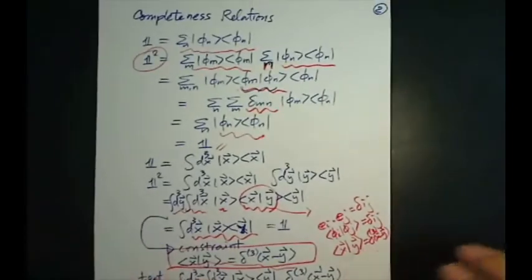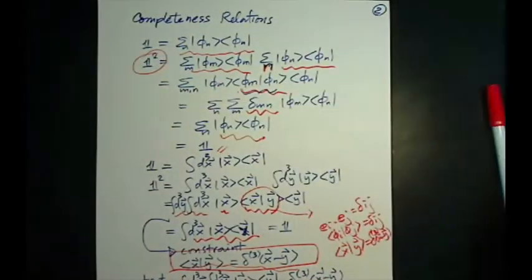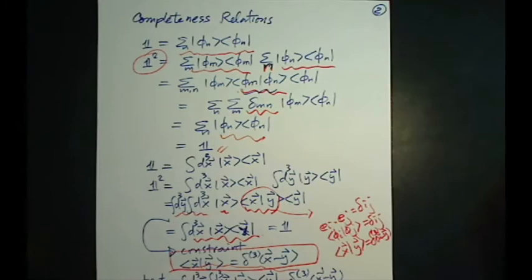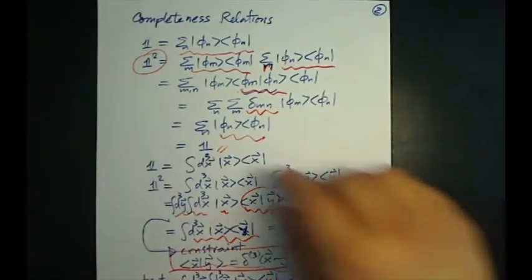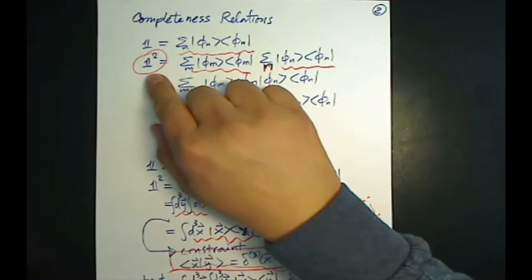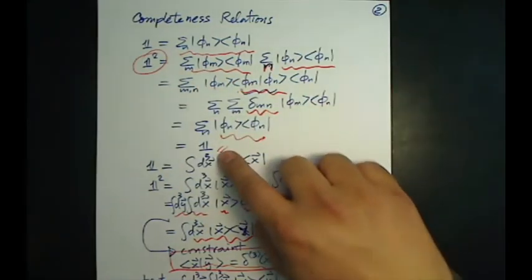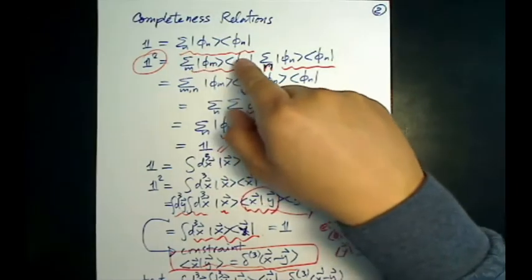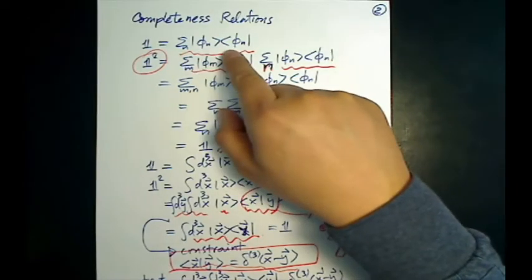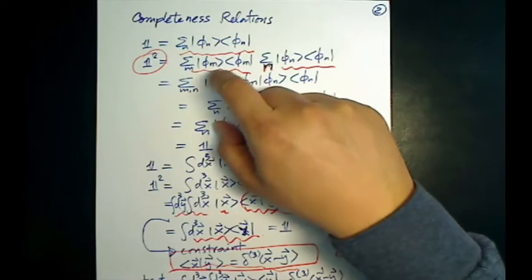The completeness relation is related to multiplication by the identity matrix or identity operation. If the identity operation is carried out twice, that does not make any difference at all. So identity operation twice gives another identity operation. Suppose we have the identity, then we multiply this operator twice.